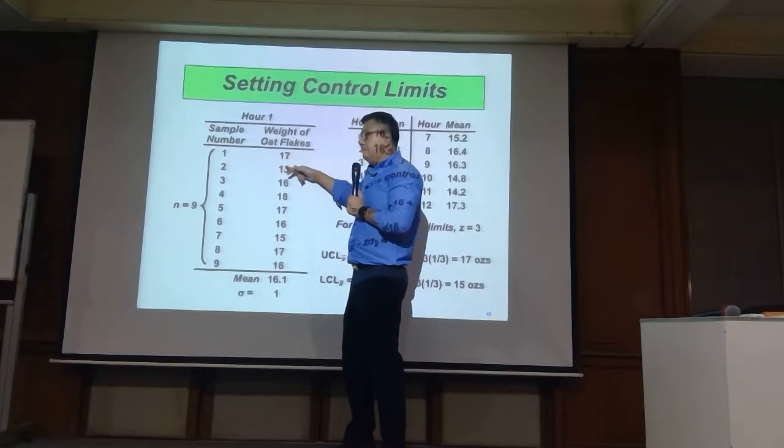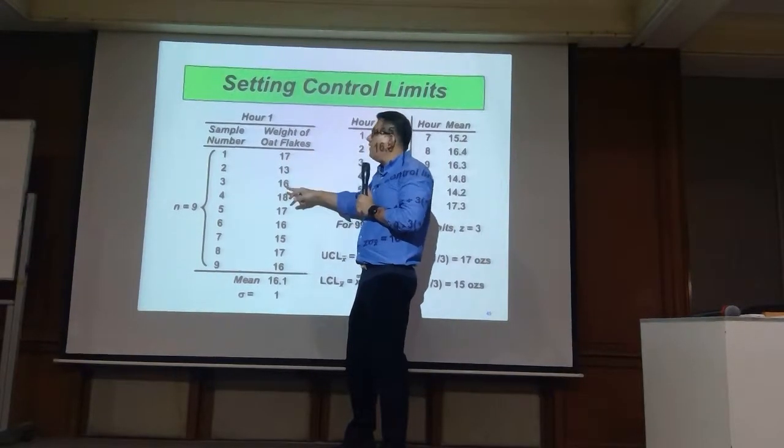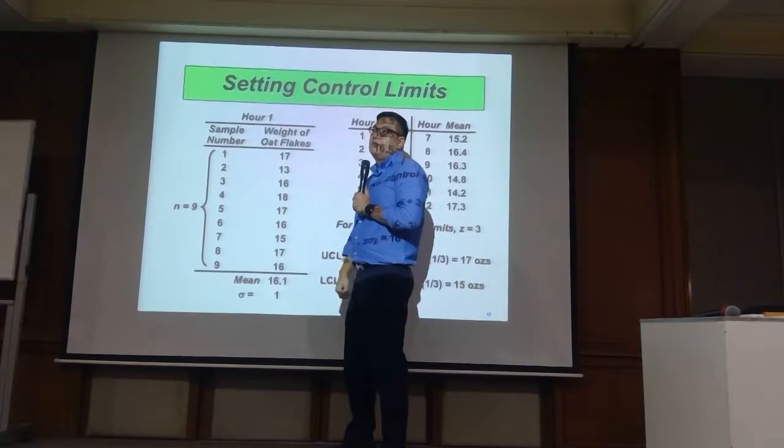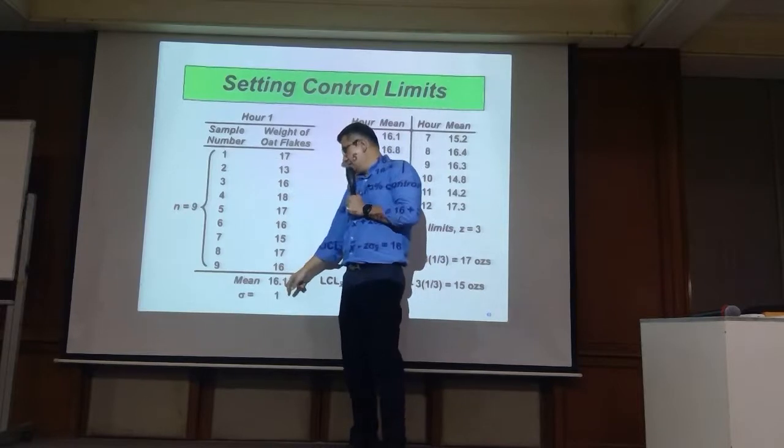So this is the weight of the box, 17, 13, 16, something like that. Then I take the average of all the 9 boxes. I have an average of 16.1.